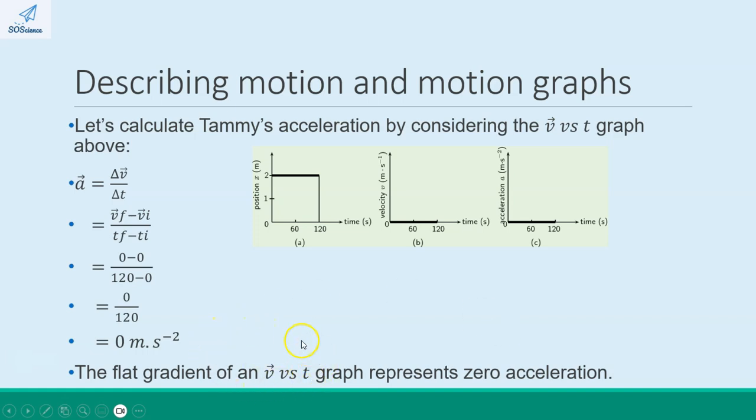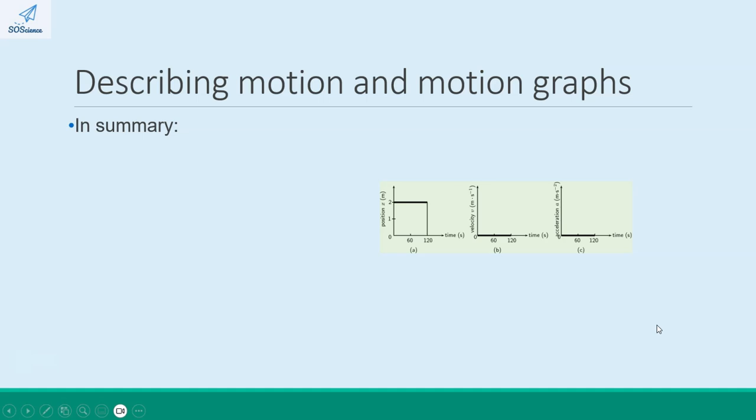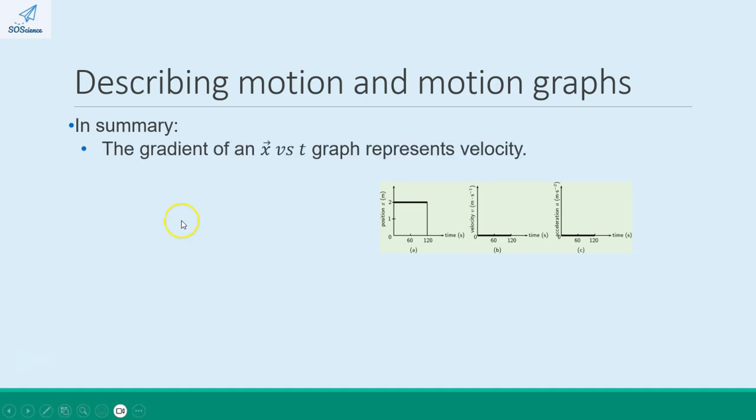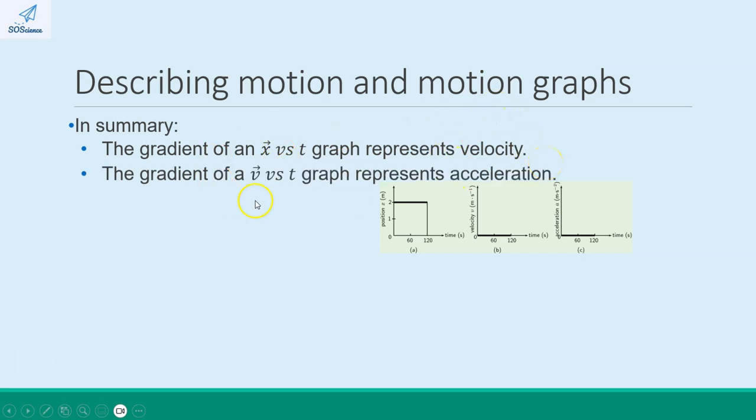So the flat gradient of a v versus t graph will represent zero acceleration. So in summary, the gradient of an x versus t graph represents velocity. The gradient of a v versus t graph represents acceleration.